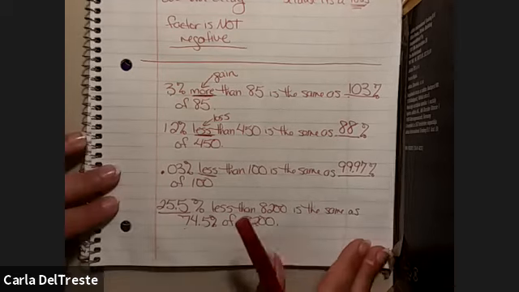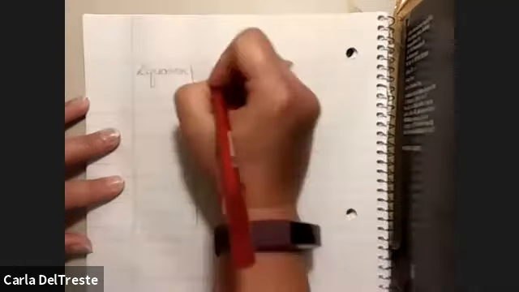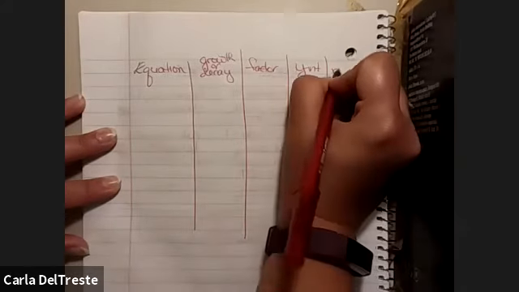So one more time to make sure that we've got this all straight, we're going to fill in one more chart. So same thing, we've got an equation, we've got growth or decay, we've got the factor, we've got the y-intercept, and we've got the rate.